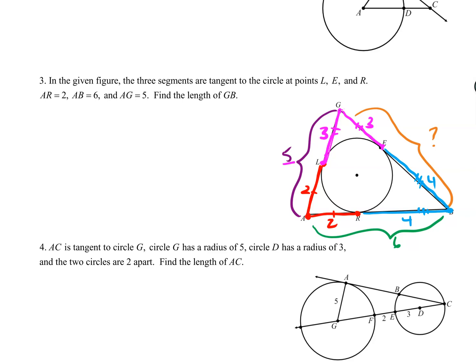And now I can actually answer my question and say that GB equals GE plus EB. So this is going to be 3 plus 4. So GB equals 7. So really, at first glance, a difficult question, but in reality not a difficult question if you know that property, because you can really find everything.